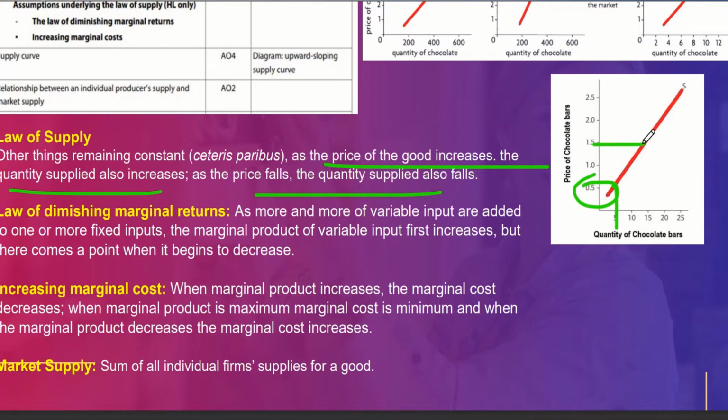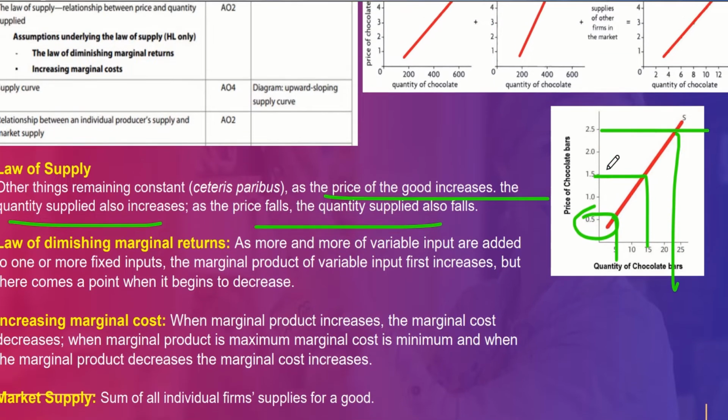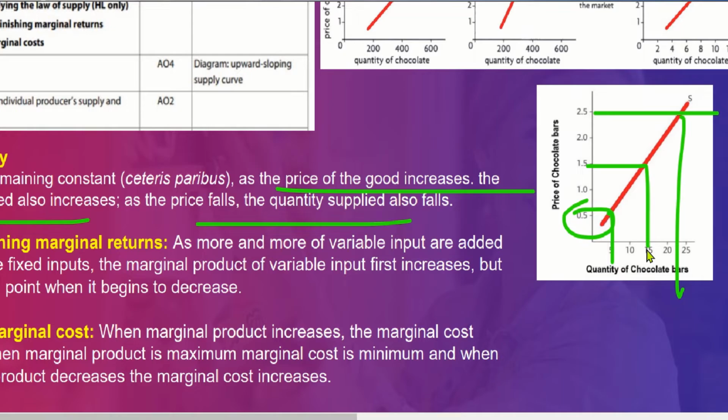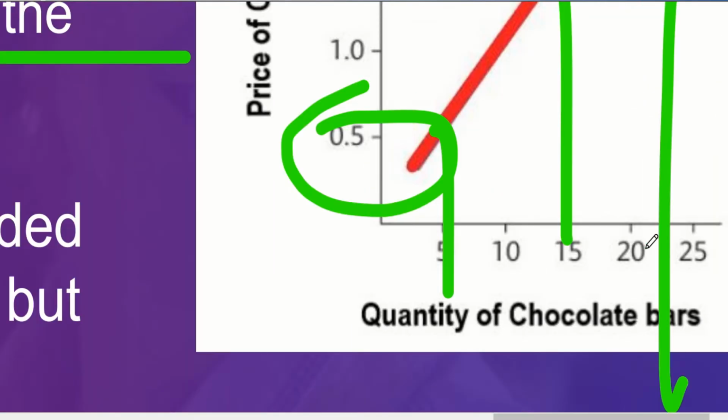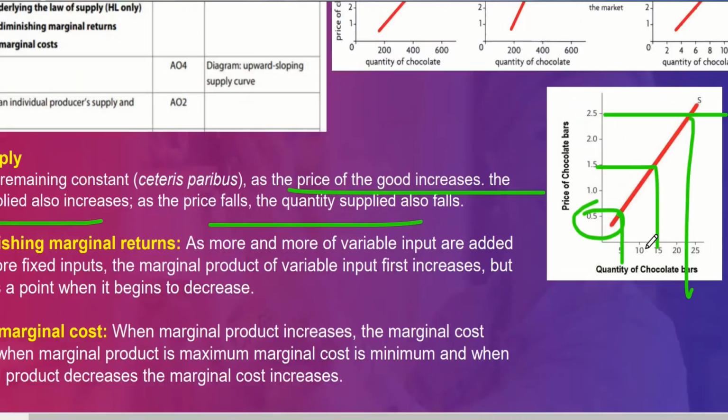When it increases to $1.5, 15 chocolate bars are produced or supplied. And when it moves to $2.5, quantity supplied is almost close to 25. This illustrates that there is a positive relationship between the price and the quantity supplied.